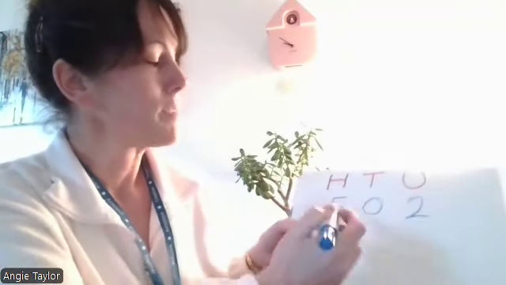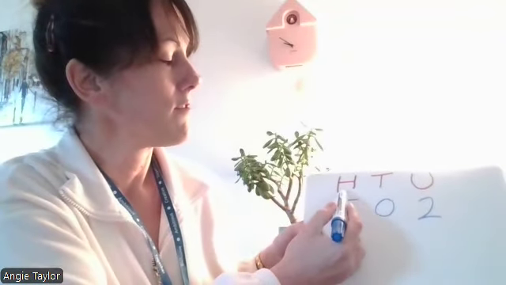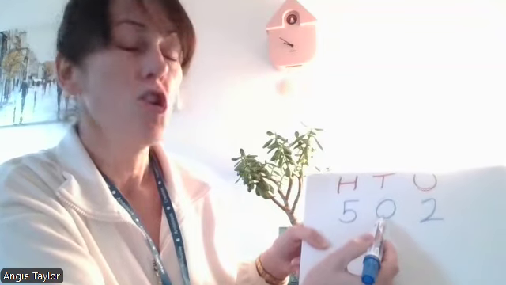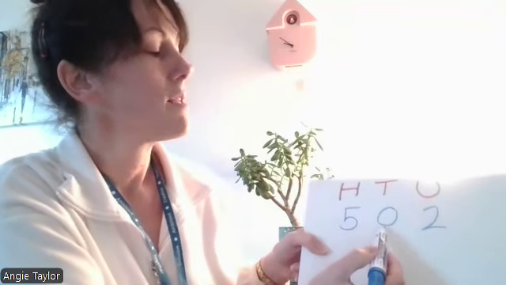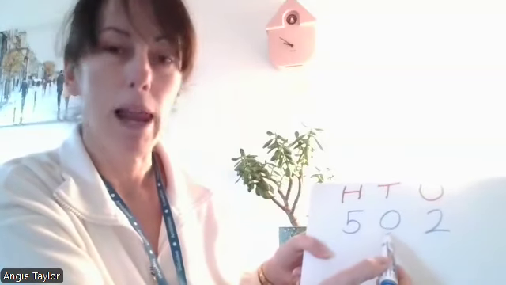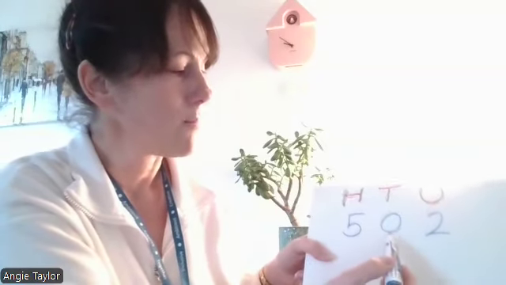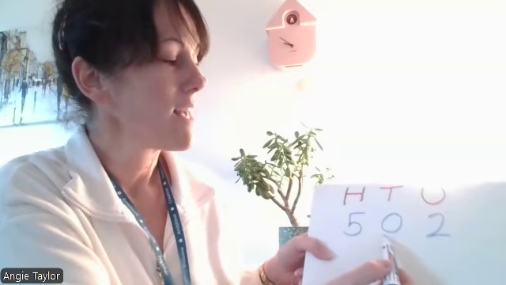So I've got my numbers in the columns, the 5 for 500, nothing in the tens column, so we can't just leave it blank, we need a 0 there. That's known as a placeholder. When you've got zeros, it's a placeholder to show that that column is there, but there's nothing in it. So we've got 0 in the tens column, 2 in the units.